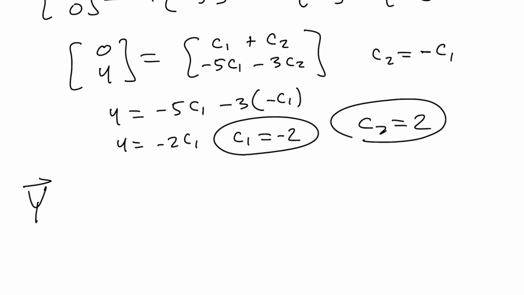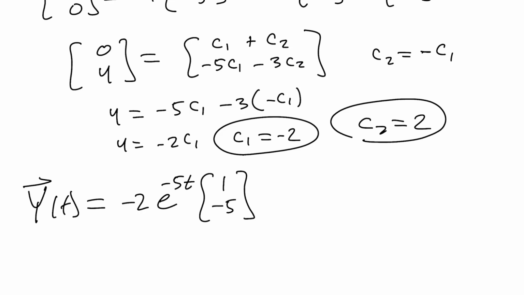And so now my final solution to the initial value problem is C1, which is negative 2, e to the negative 5t, 1, negative 5, plus C2, which is positive 2, e to the negative 3t, 1, negative 3.